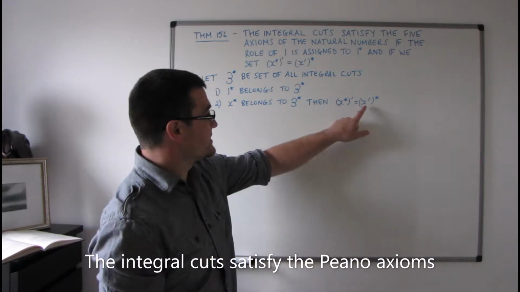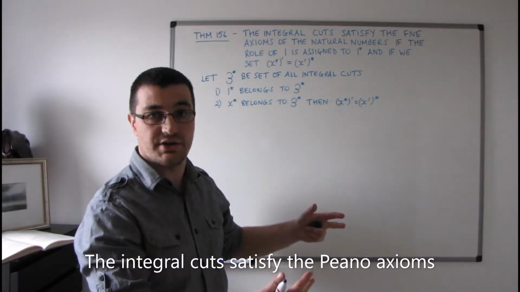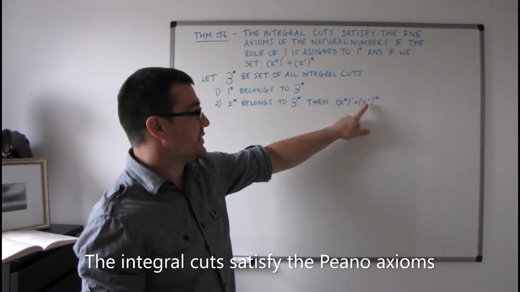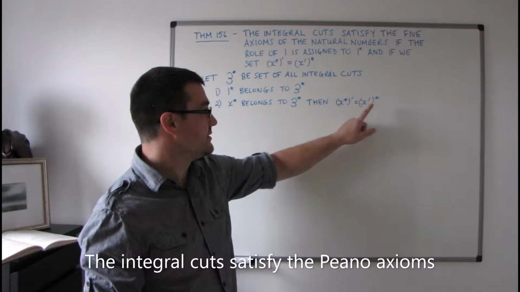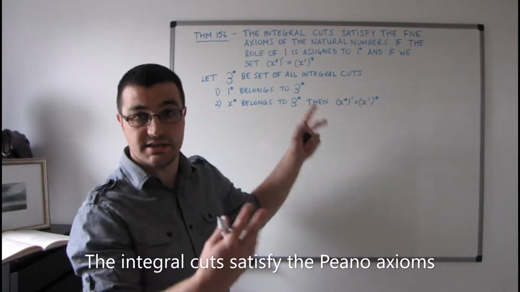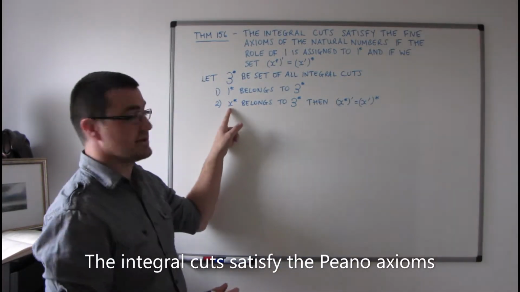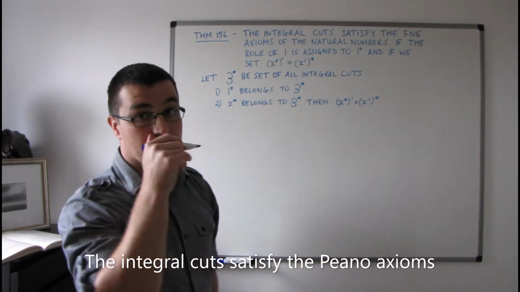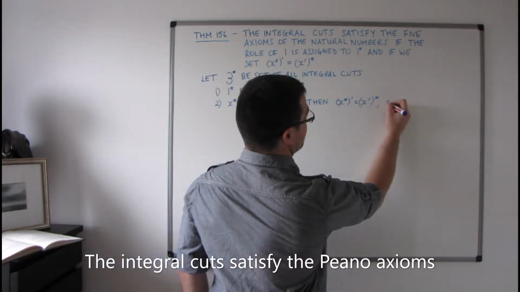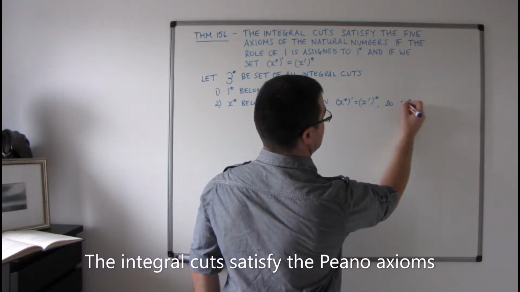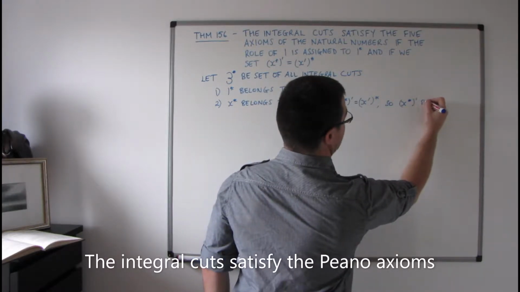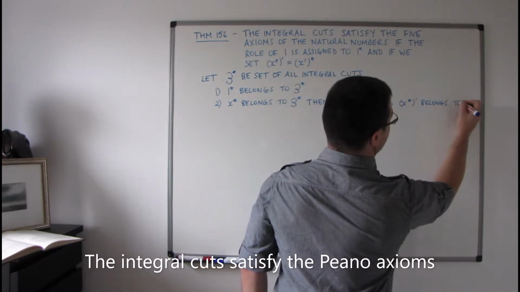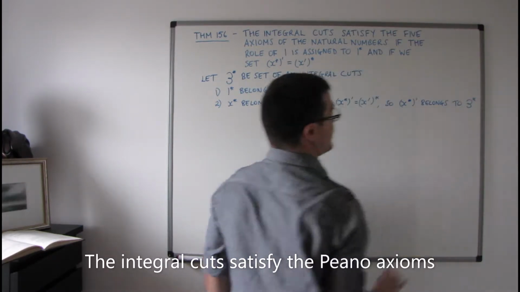Because if x is an integer, then x primed is also an integer, so x primed star is going to be an integral cut. So x star primed is an integral cut, and therefore the successor of x star is also in our set. So x star primed belongs to our set.